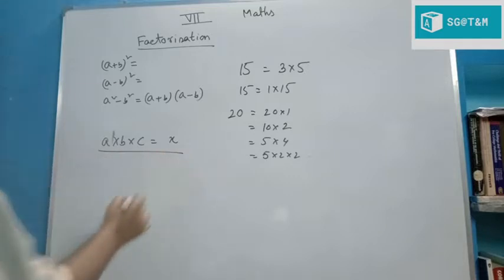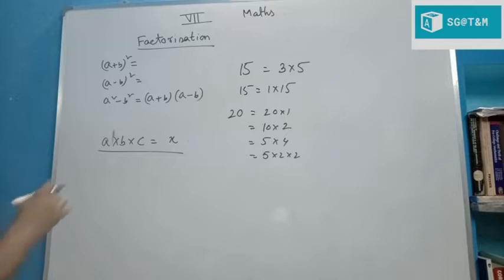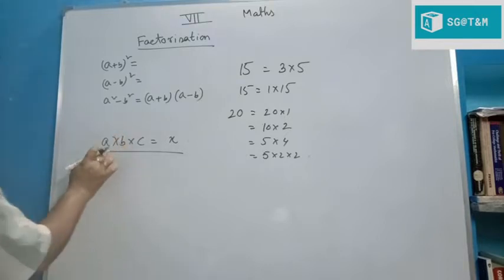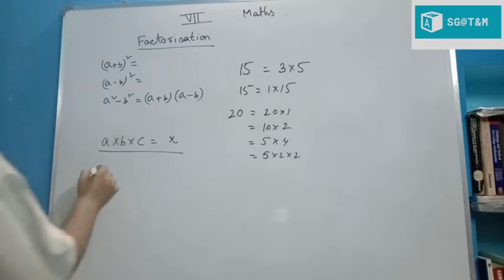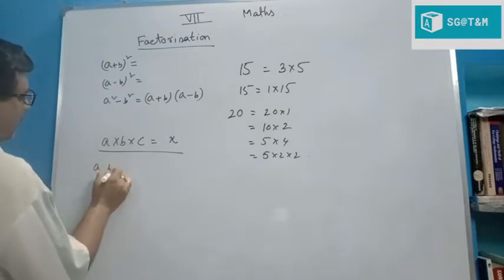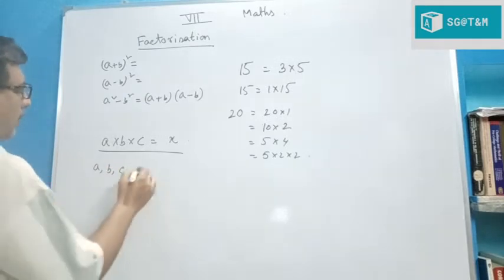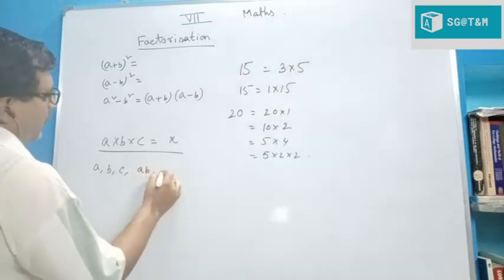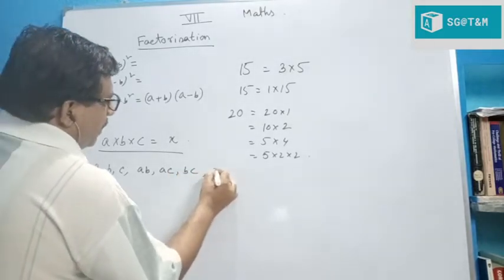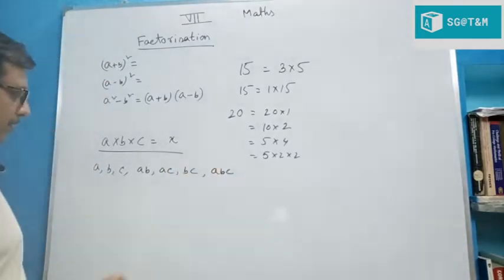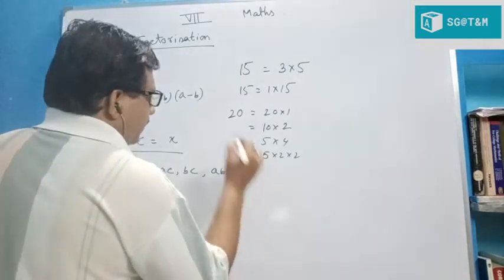Remember, a, b and c are not the only factors of x. If x can be broken into the three prime factors a, b and c, then there are 8 factors: a, b, c, a into b, a into c, b into c, a into b into c, and 1.